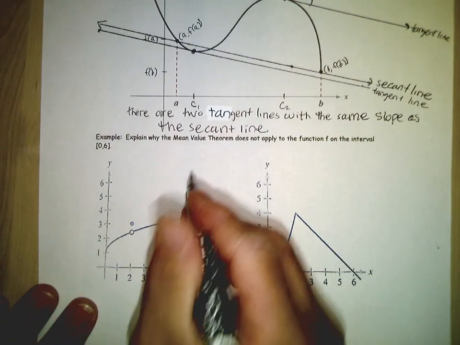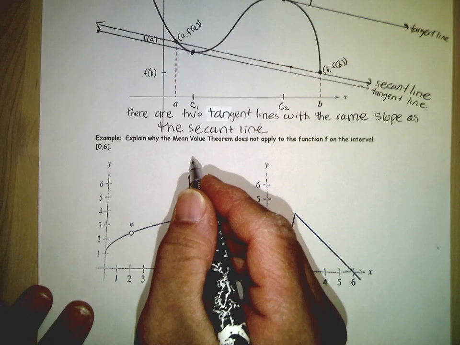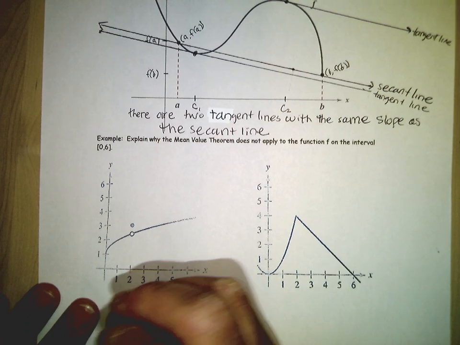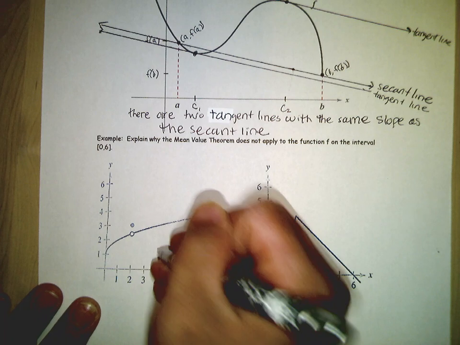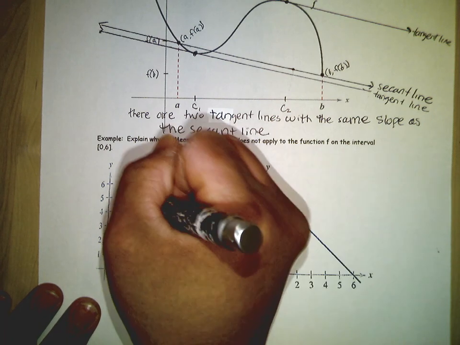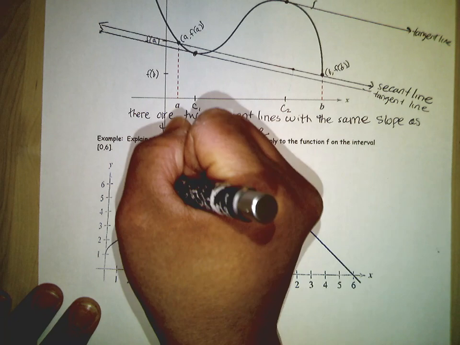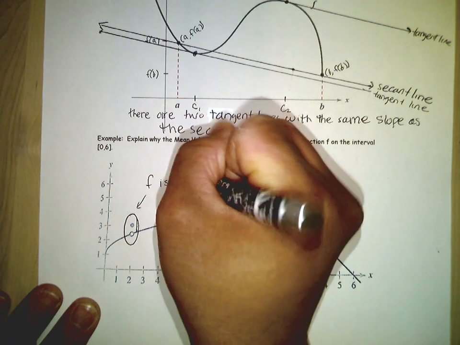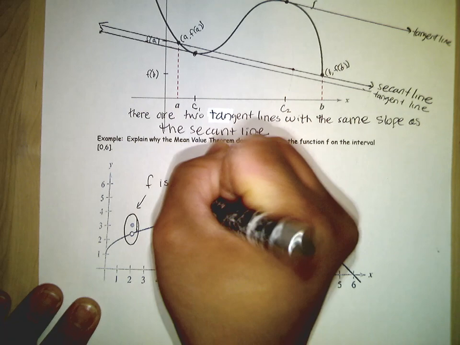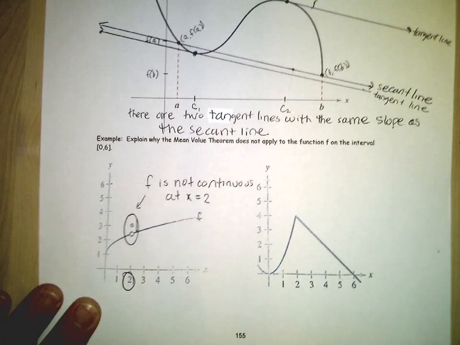All right, so explain why the mean value theorem does not apply to the function f on the interval from 0 to 6. Well, here I can see that the function f is not continuous at x equals 2.